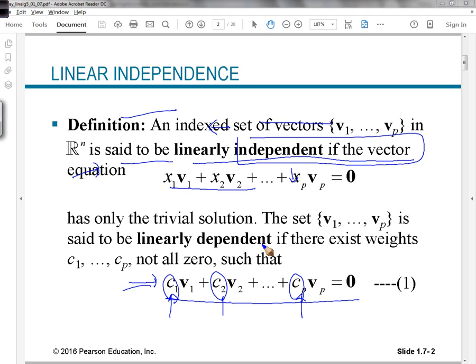But suppose it's like this case. Among the 10 vectors, I described one case where vector 6 is represented as a linear combination of vector 1 through vector 5, right? In that case, the relationship can be viewed as this.